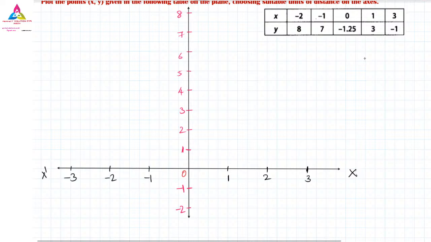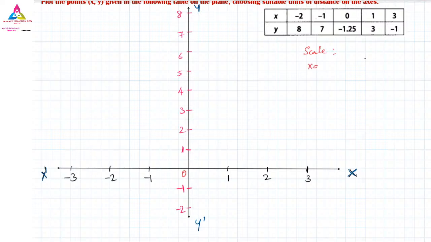So now, this is x dash, this is x, this is y dash, and this one is y. On the top we have y. Very important: marking the point. First one, -2 and 8. But before that we have to write the scale. So I will write it down. Scale.